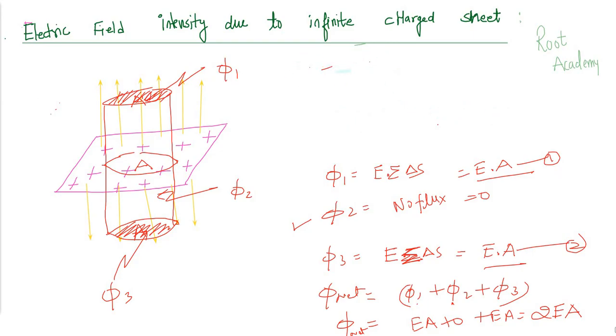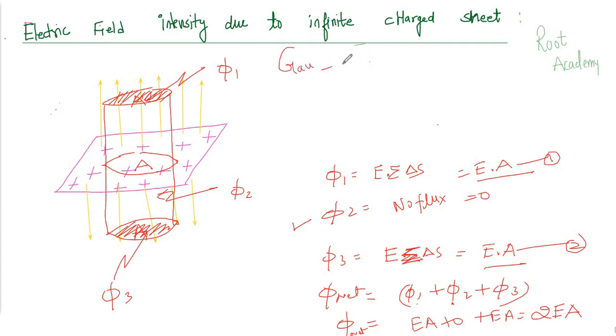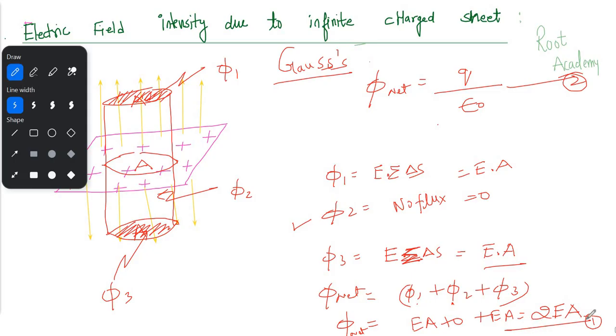Now we will apply Gauss's law over this entire surface. If I apply Gauss's law over the entire surface, what does it say? That net flux is nothing but charge enclosed by epsilon. This was given by Gauss's law, and this we got from the basic definition. Let me call this equation 1.